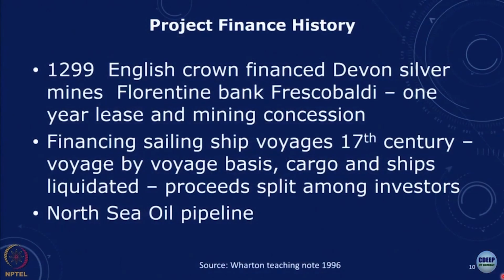Whatever came back as cargo and ships was liquidated. That means it was sold, and the proceeds were split among the investors based on the agreed formula or the contract made when the ship was financed. So the ship goes, acquires goods, buys things from various places, then sells these, and the proceeds are split amongst the investors.